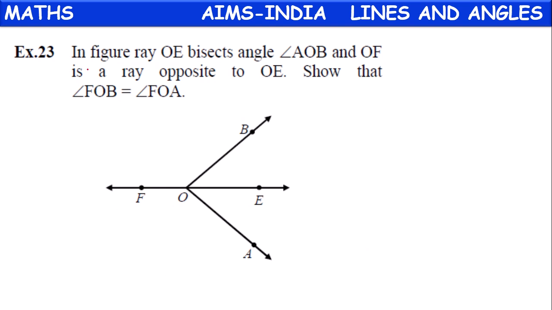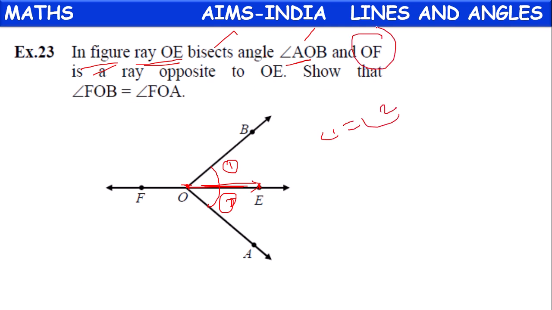Next one. In the figure, ray OE bisects angle AOB, which means it divides it into two equal parts. Angle 1 equals angle 2.